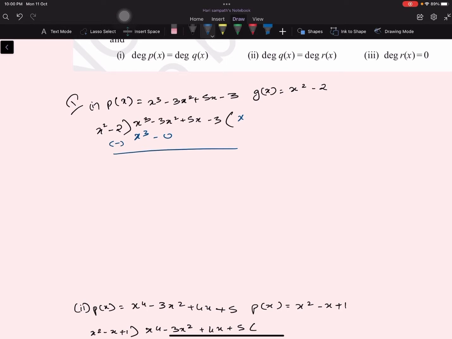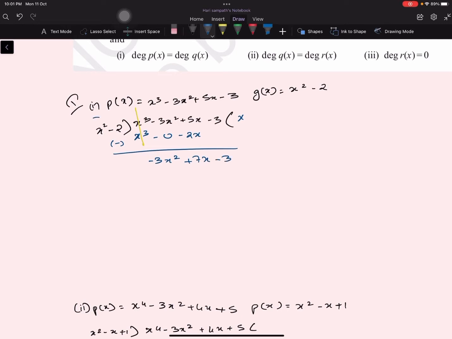And since when we multiply x with 2, we just get 2x, that cannot be subtracted from 2x square. So we are going to be writing minus 0, and below 5x we are going to be writing minus 2x. When we subtract them, this gets cancelled. This comes down in the same manner, 3x square, and this becomes plus 7x minus 3.